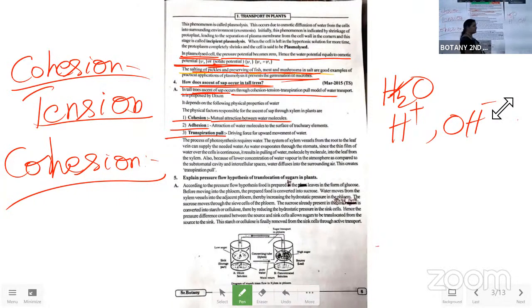Whenever it is present like this, there will be an attraction between the ions. Positive and negative ions are attracted, as we know. There will not be any attraction between the same H plus and OH minus ions which were formed from the same water molecule.